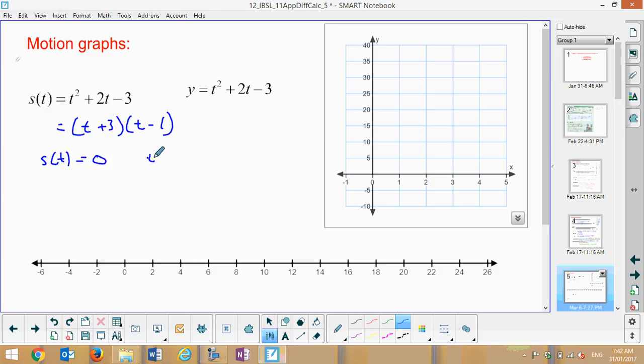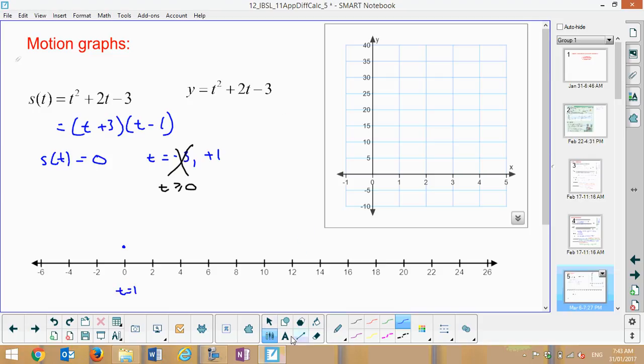Then we've got t equals minus 3 or plus 1. Are we going to take t equal to minus 3? No, because we want t greater than or equal to 0. So at plus 1, it's at the origin. So it's at the origin here at time equal to 1.